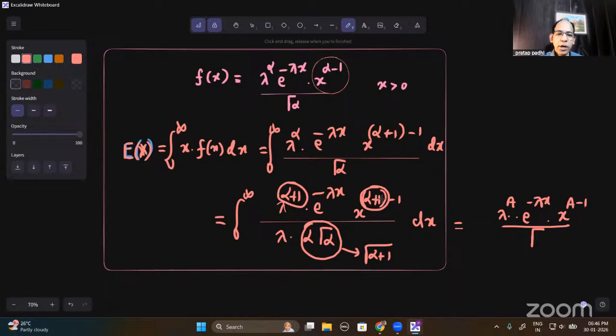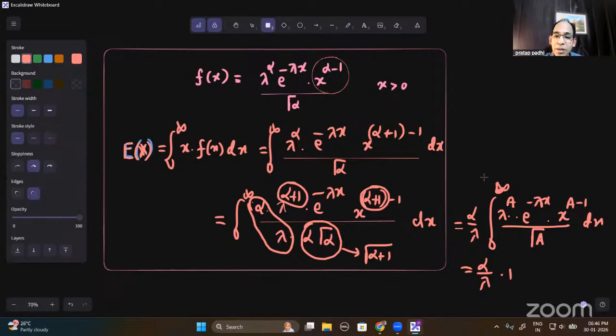I have taken a already, and this lambda I will take out. I divided here, so I have to multiply. So this alpha by lambda I will take out, and this is the integral from 0 to infinity dx. So alpha divided by lambda will be multiplied by 1.